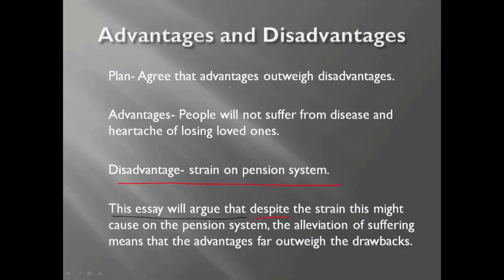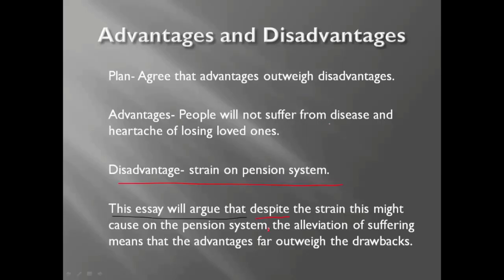However, I agree that the advantages outweigh the disadvantages, but I need to include my disadvantage to satisfy all the requirements of the question. So what I do is I say despite, and I put the one that I don't really agree with first, and then comma, I state the advantage, the alleviation, just stopping, of suffering.